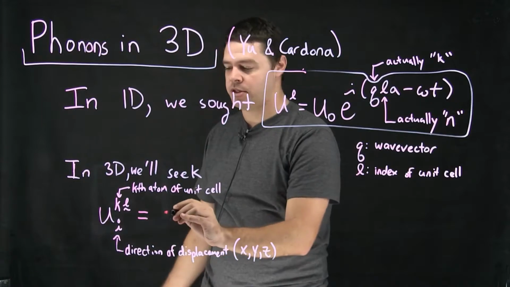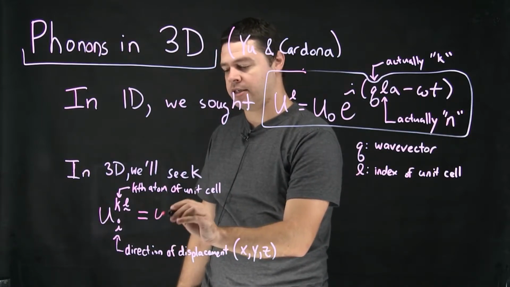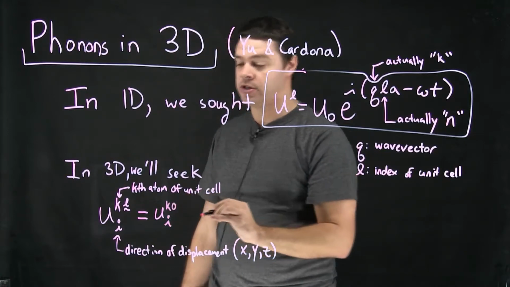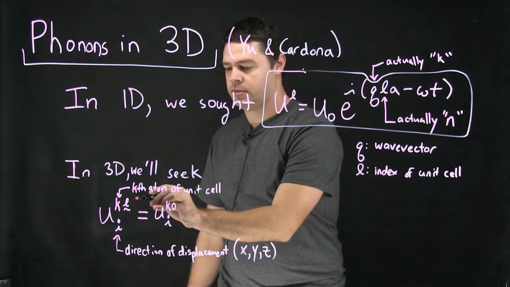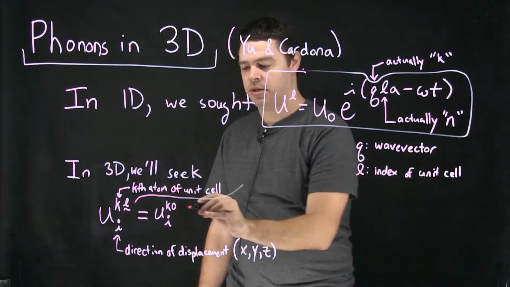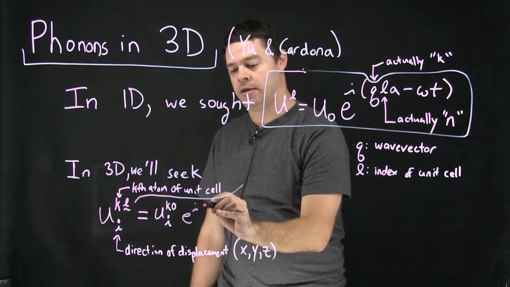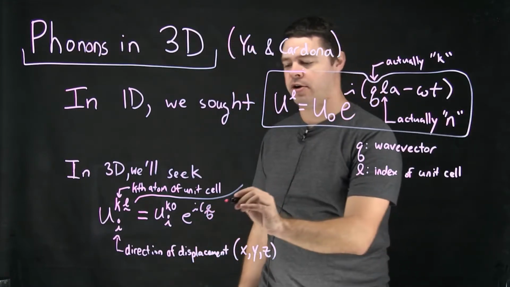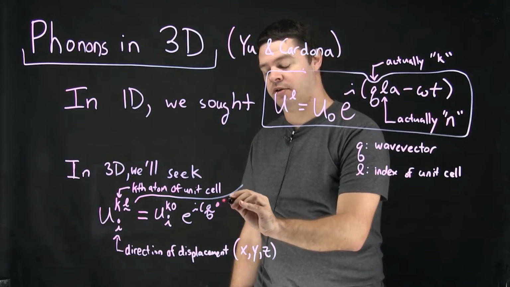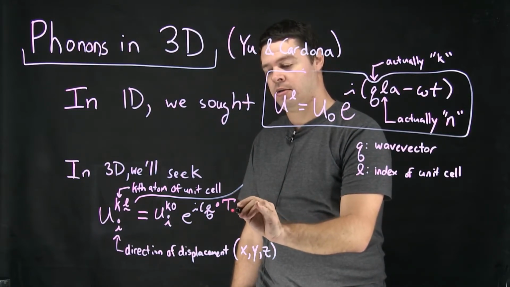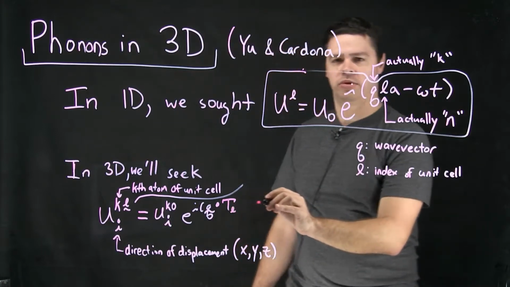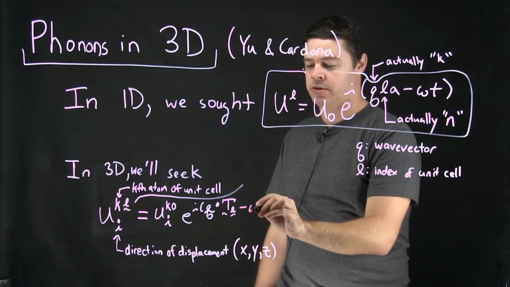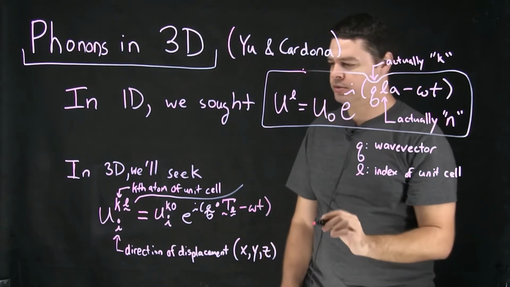So what I'm going to say is that u is given by a wave-like solution that has to do with the values that occur in the first unit cell times e to the i q, where the wave vector is now literally a vector dotted with a translation vector that is an integer multiple of the lattice vector, minus omega t. So a little bit more about this.